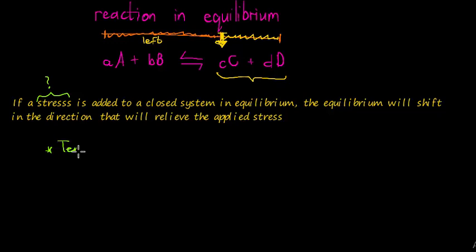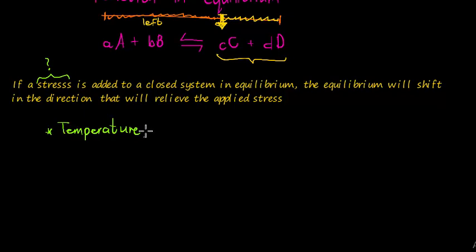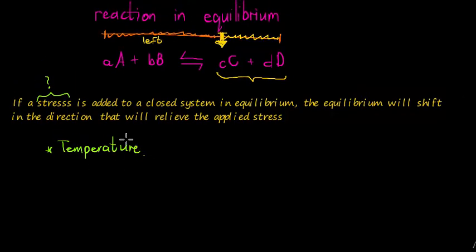Now we can ask, how does temperature affect the reaction rate, or the equilibrium? We have to remember that the reason temperature affects a reaction is because it adds energy into the system.